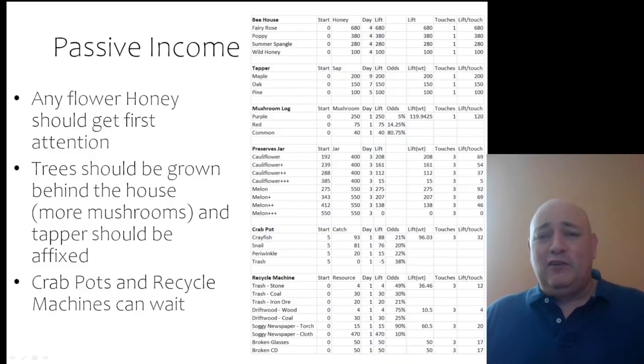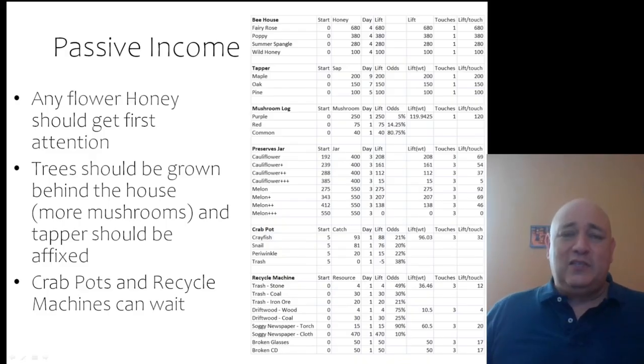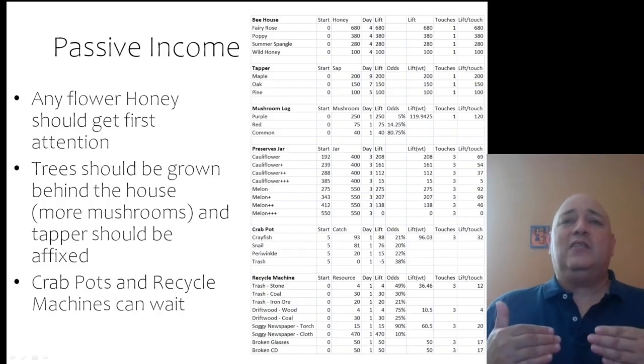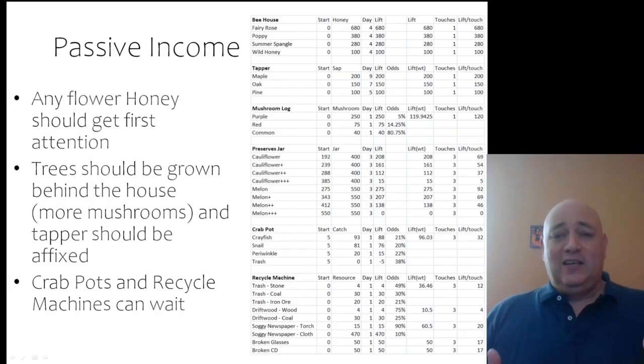Even if they're conveniently placed, it still takes time to set something up as far as passive income and recoup it. So in that sense, we wanted to measure what's the best return for our time during the day and what we can just let go until we've got nothing better.